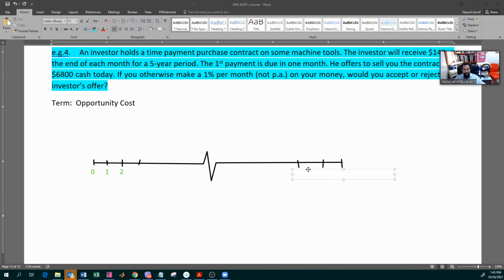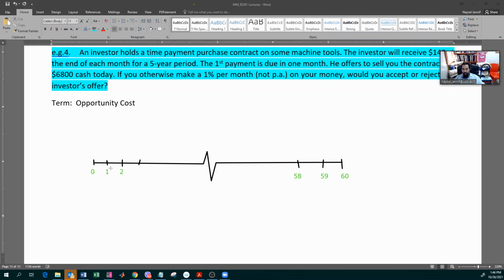I've forgotten to put down the timeline. How many months do we have, guys? Yes, 60 months. So that's 58, 59, 60. 60 months.